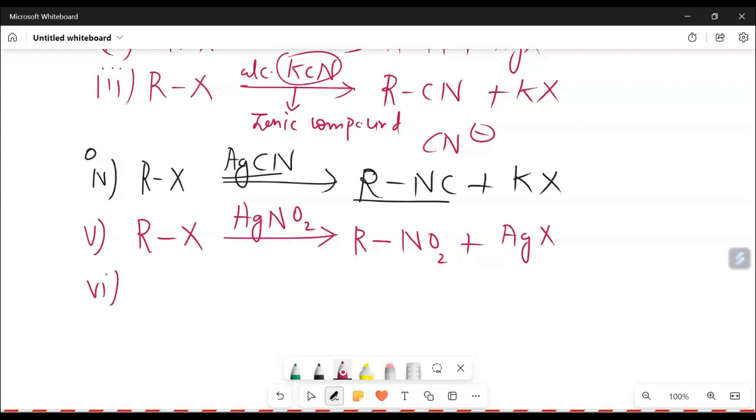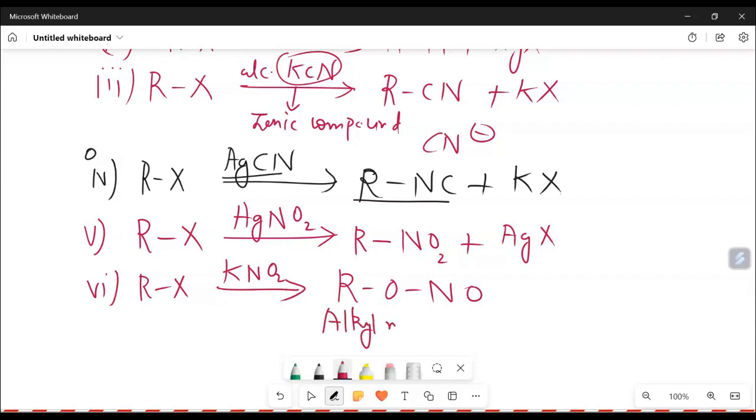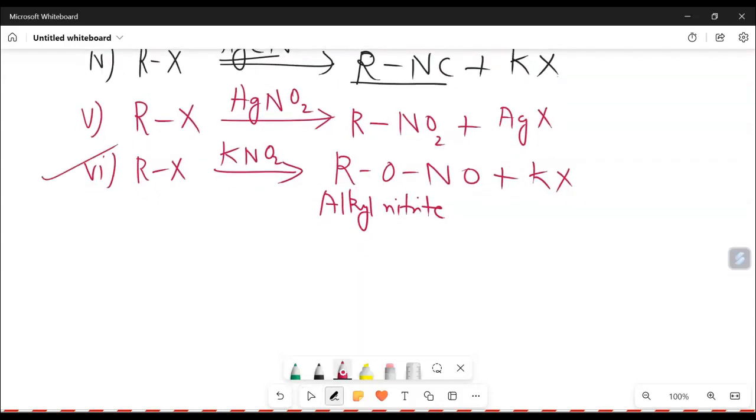The sixth reaction you can write down is R-X with KNO2. Here again the reaction will proceed and it forms alkyl nitrite plus KX. Remember this equation also.